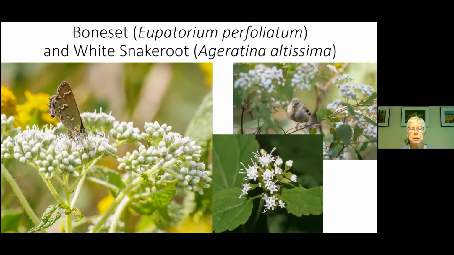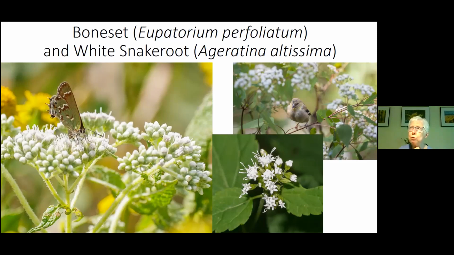White snakeroot is a similar looking plant. This species, bone set's probably more of a sun to part shade plant. White snakeroot you'll see growing even in a woodland understory, and it can tolerate sun. So it's more of a shade to part shade plant. Both have opposite leaves, as I mentioned.